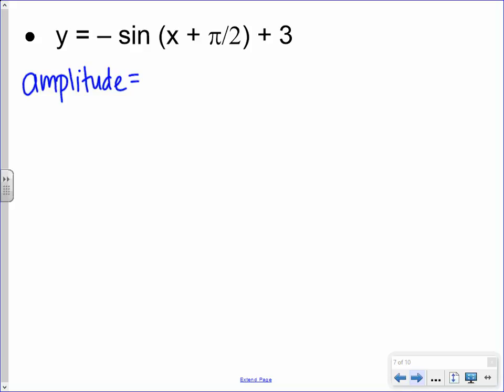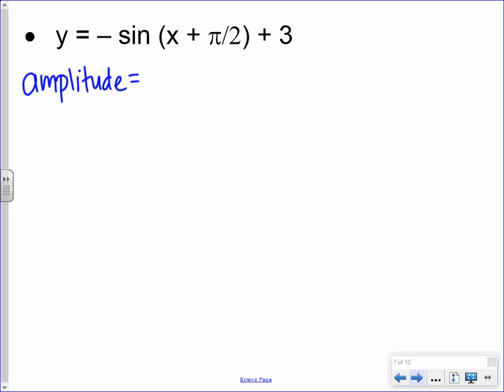Callie, what is our amplitude? -1. Is it not -1?